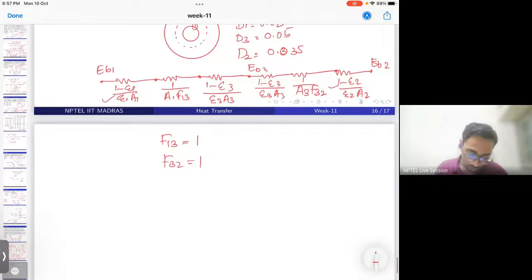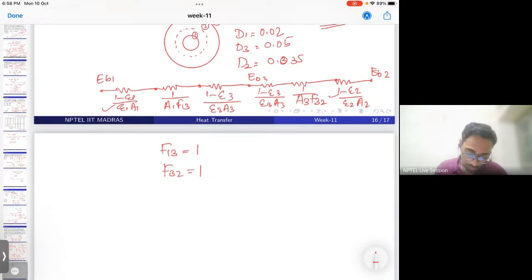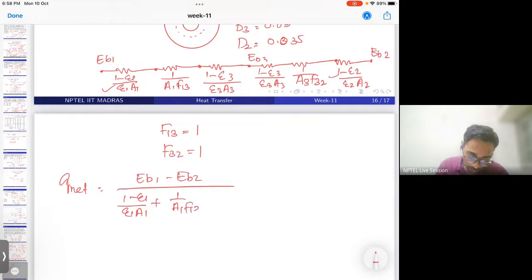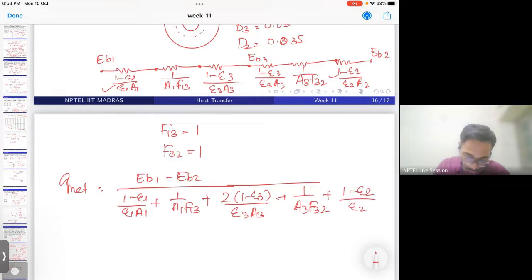So the Q net will be (EB1 minus EB2) divided by [(1 minus epsilon 1) by epsilon 1 A1 plus 1 by A1 F13 plus 2 times (1 minus epsilon 3) divided by epsilon 3 A3 plus 1 by A3 F32 plus (1 minus epsilon 2) divided by epsilon 2 A2].